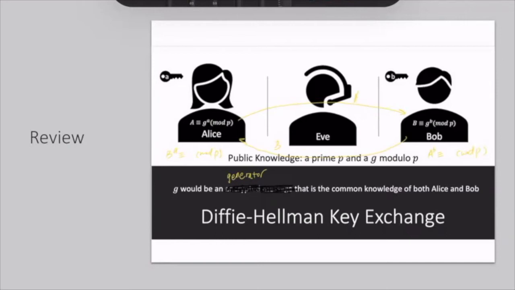So then Alice and Bob will share something that both of them know, but Eve does not have knowledge of. Why? Because this relies on the difficulty of the discrete logarithm problem. It is really hard for Eve to solve for the lowercase a or the lowercase b, because Eve doesn't know the lowercase a and b. He couldn't decrypt the message and couldn't have the same thing that Alice and Bob share.